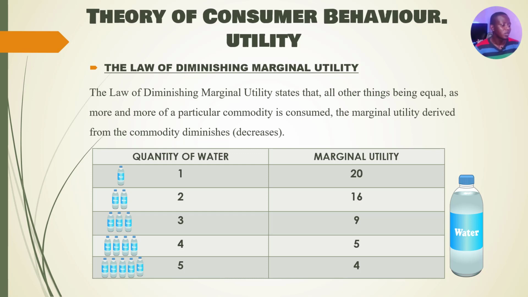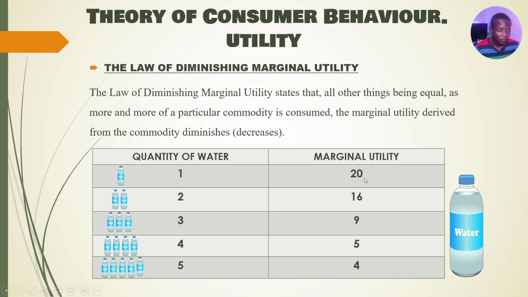How? So, back to our example. As you keep drinking or taking in the bottle of water one after the other, from the first unit, we had a marginal utility of 20. Upon consuming the second unit, we realized that the marginal utility derived from the second bottle was decreasing.